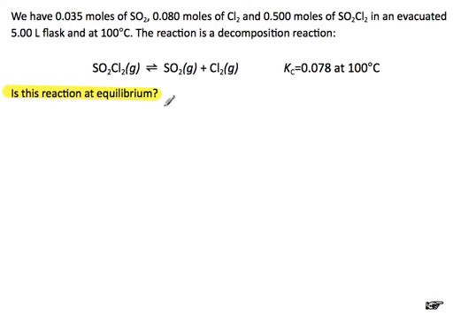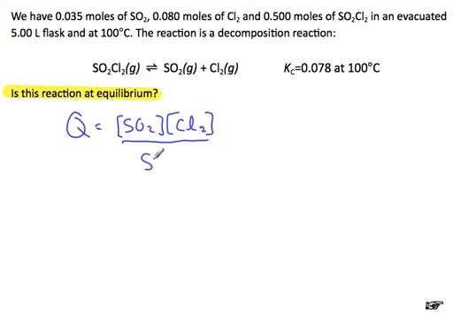So we write an expression for Q. Q equals, so this is identical to what you would see as a K expression, the equilibrium expression, but we're not sure if we're at equilibrium. That's the question. So it's still products over reactants, but we give it the designation of Q, the reaction quotient. All right, and then we substitute.